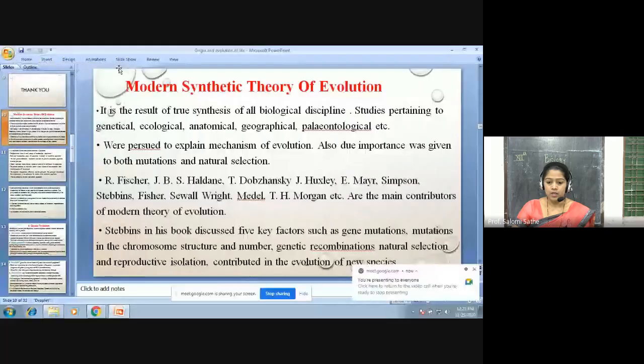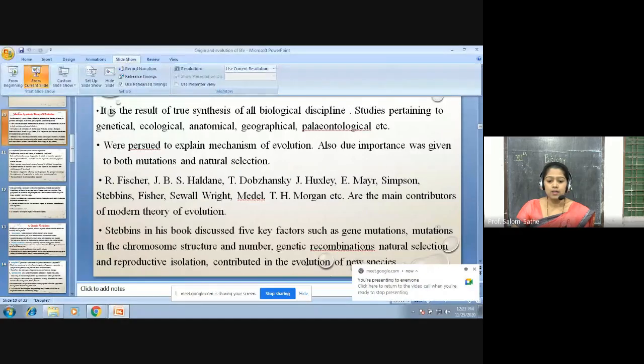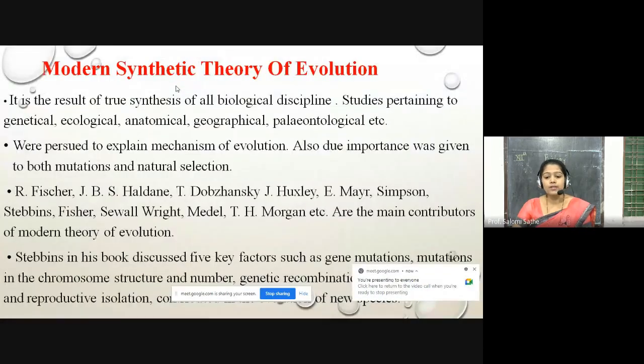In our today's lecture, we are going to learn the next part from the same chapter, that is the modern synthetic theory of evolution. In that modern synthetic theory of evolution, it is a result of the synthesis of all biological disciplines.